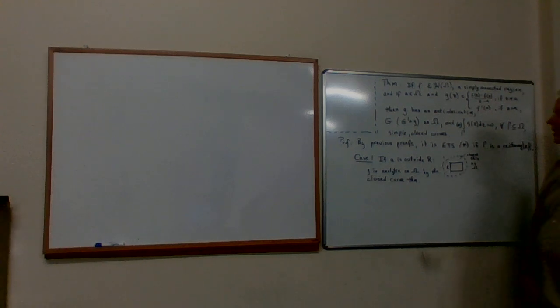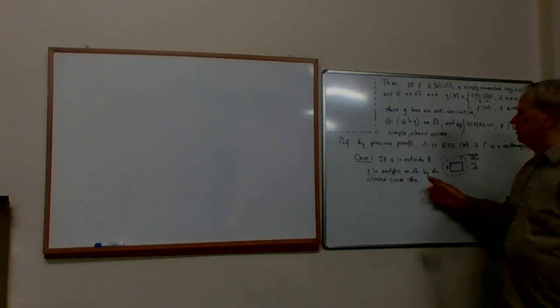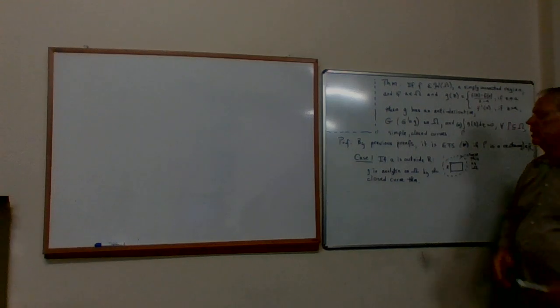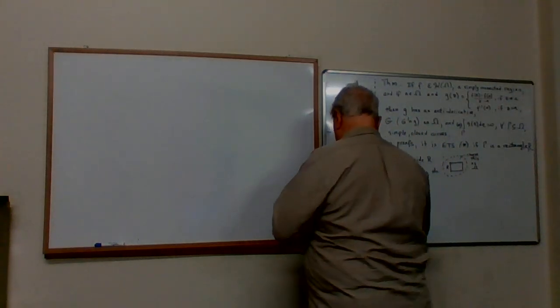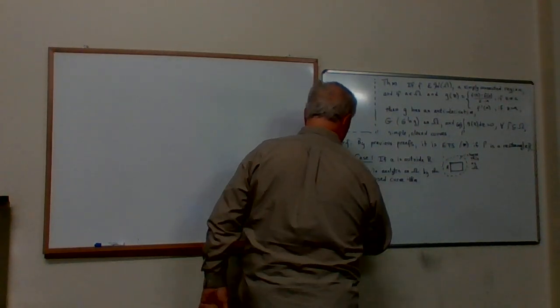So if a is outside the rectangle, everything is cool. That integral is 0 just by the closed curve theorem. But now let's do case 2.